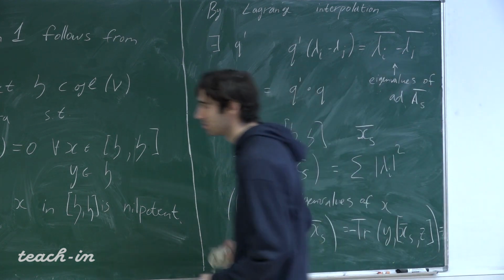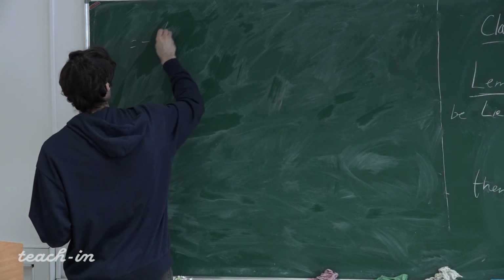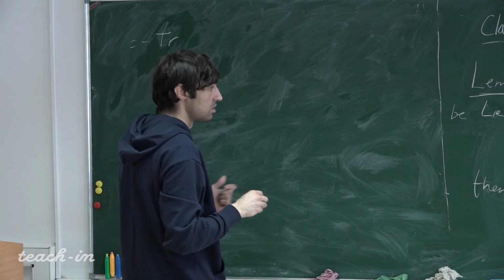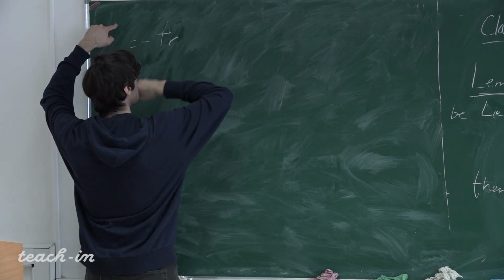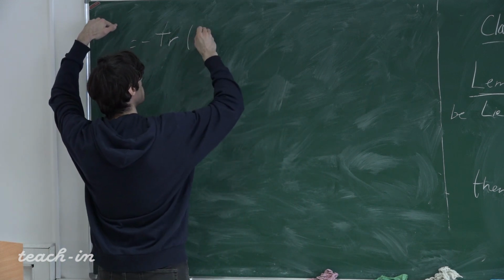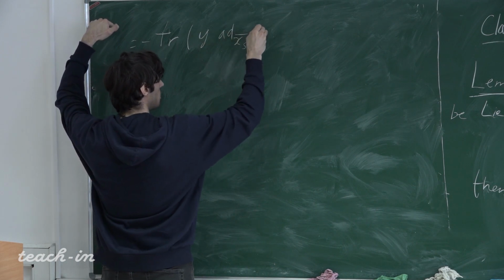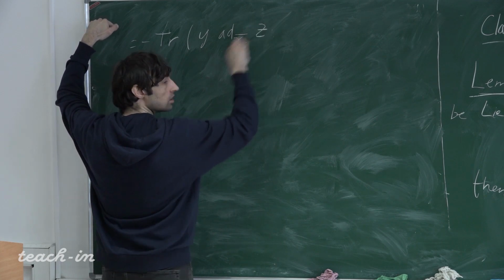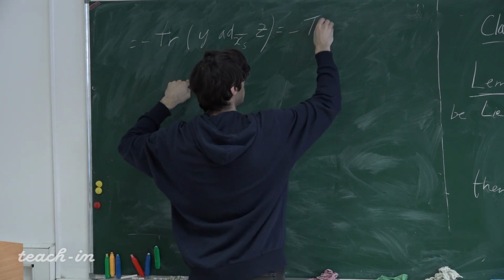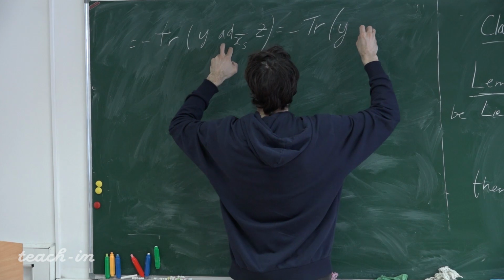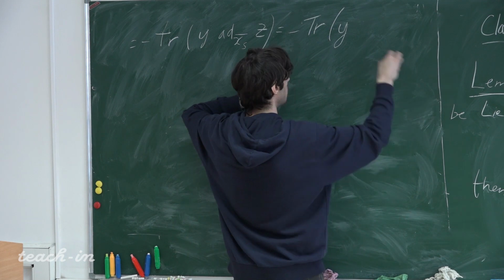But this is add X S applied to Z. Okay, let me continue on this part. So we're trying to prove that this is 0. Then all eigenvalues will be 0 and X is nilpotent, right? So trace is trace of Y and add X S bar applied to Z. But this is the same as minus trace of Y, and then I take my favorite polynomial P that I erased from here, right?